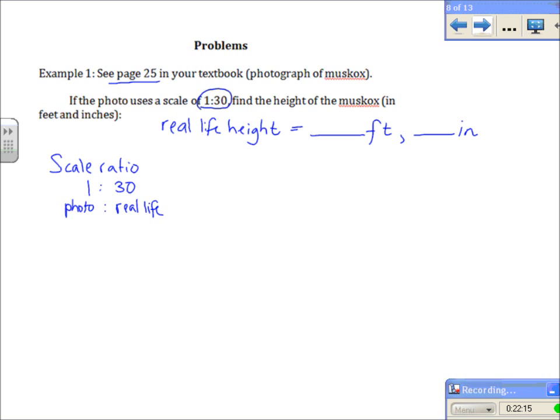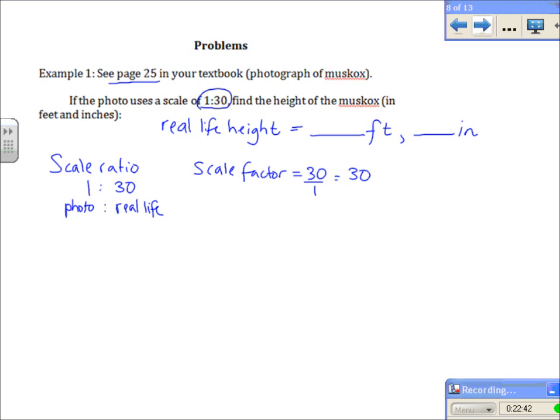I could also express that with a scale factor. So my scale factor for this photo is equal to the real life over the photo, so 30 over 1. In other words, it's equal to 30. Okay, so anything I measure from this photo, I'm going to multiply it by 30 to give me the real life measurement.